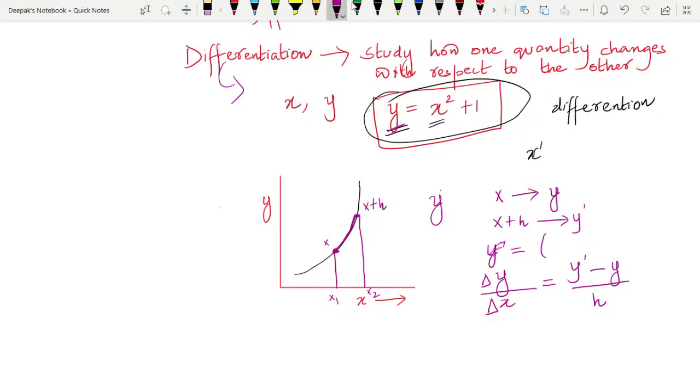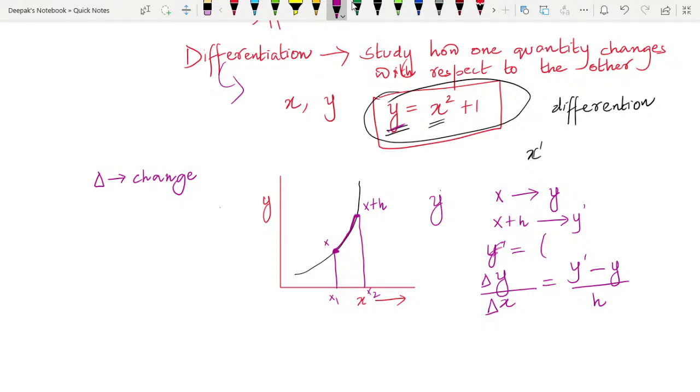What is the meaning of this delta? I think I have explained this, or if I have not, then just remember this delta means a change in y. Since I have written delta y, it means change in y. Similarly, delta x means change in x.